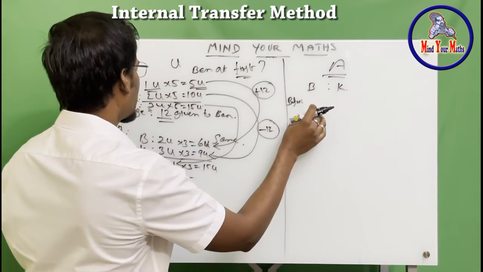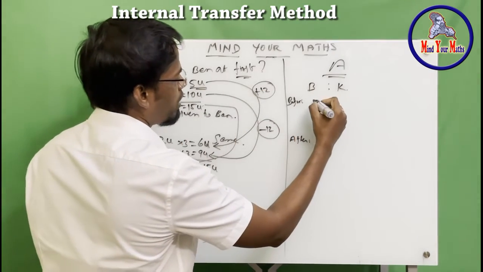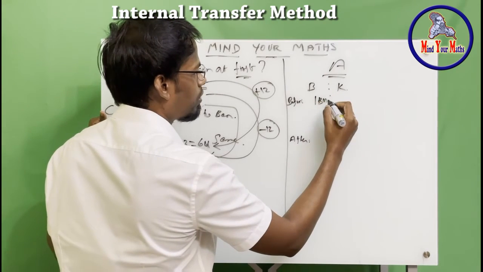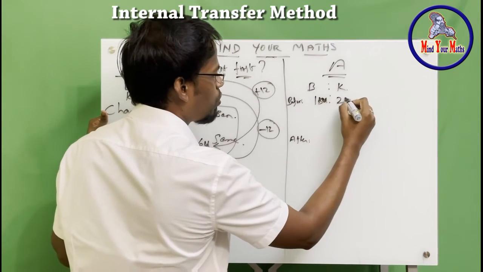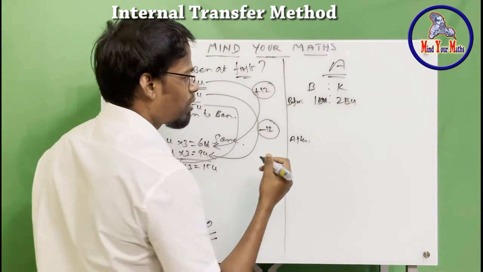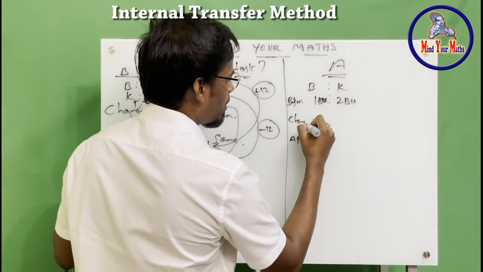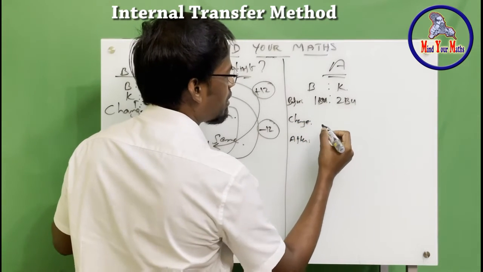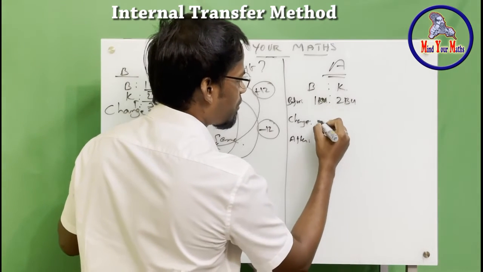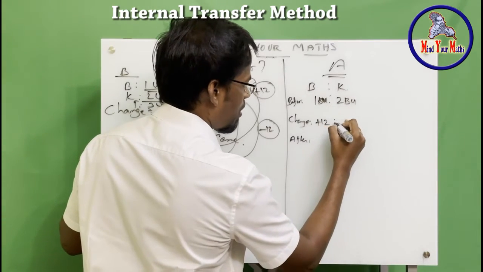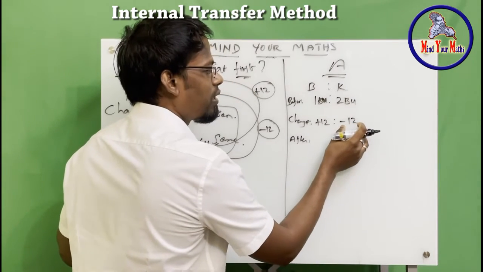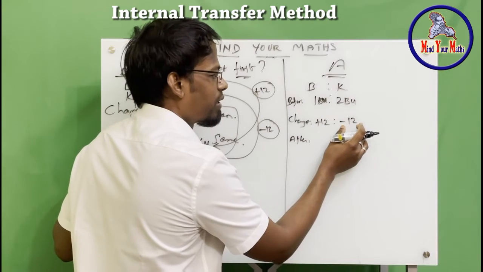Before, Ben had 1 BU, but Kumar had 2 BU. Now the change is that Kumar gave away 12 to Ben, which means Ben received 12, but Kumar gave away 12, which is subtracted, minus 12.